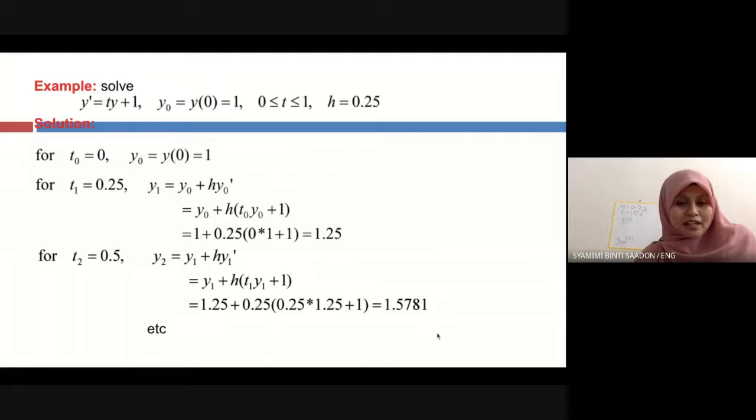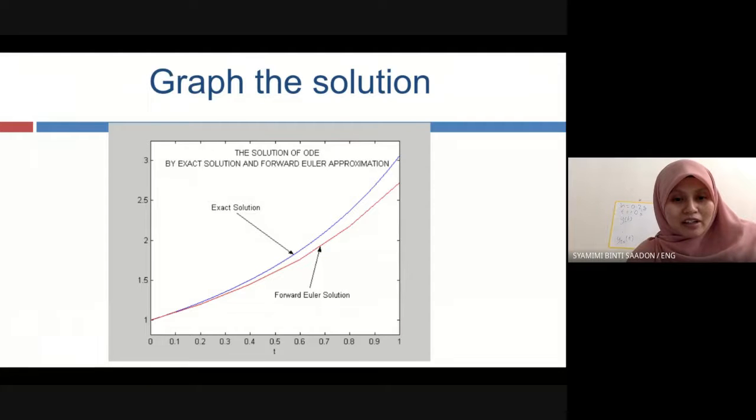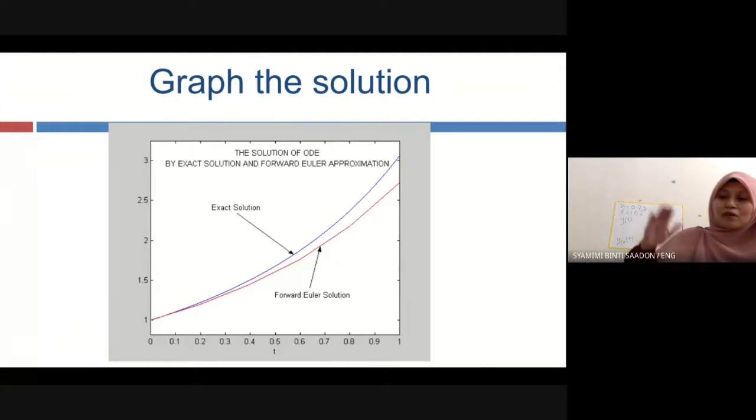Just calculation. I don't show you the calculation until y4, but just to show you the graph of the solution if we calculate until y4, the 4 step sizes, to the final point, 1 second.